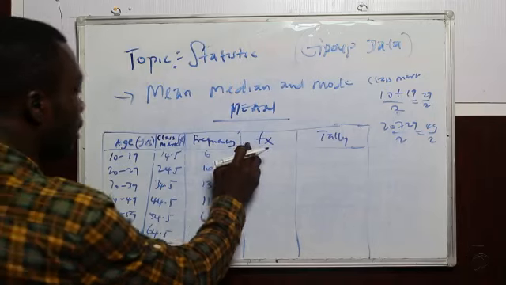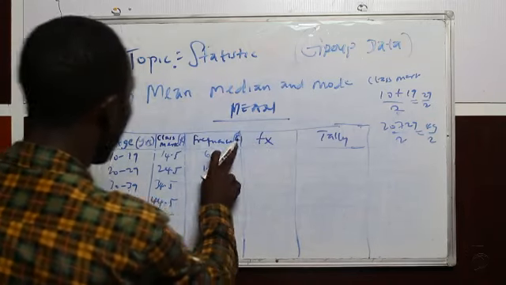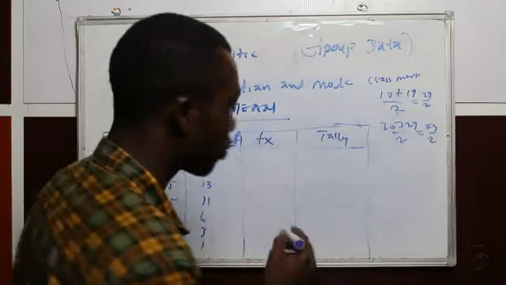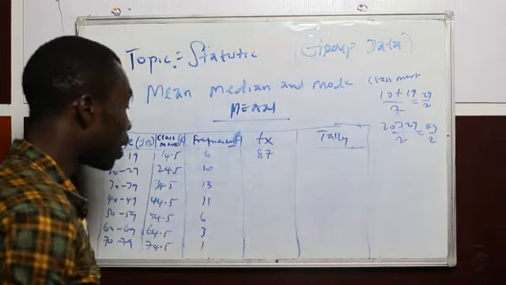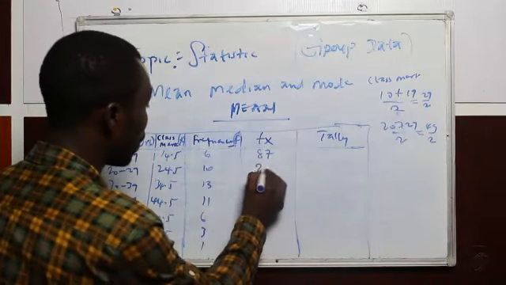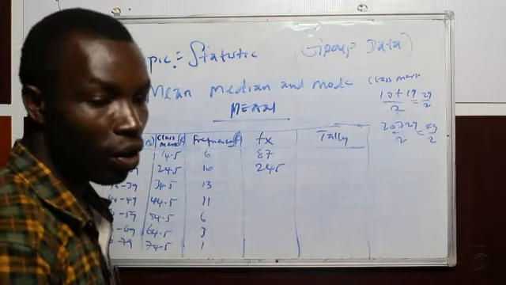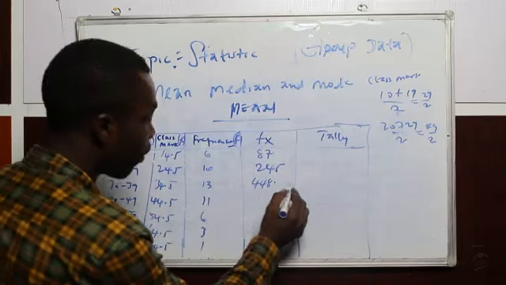Then, this fx means our frequency f. You multiply f times this. 14.5 times 6 will give us what? Use your calculator to give us 87. Then 24.5 times 10 will give us 245, as we all know from our calculator. 13 times 34.5 will give us 448.5.